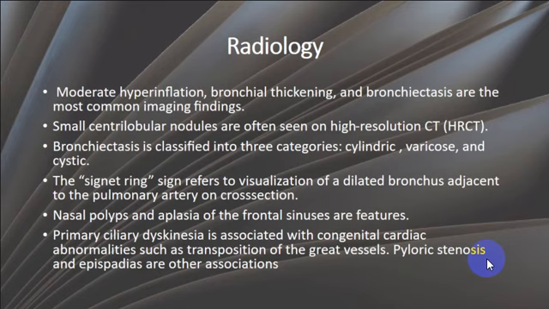What is the relationship between Kartagener syndrome and primary ciliary dyskinesia? Kartagener syndrome is a subtype of primary ciliary dyskinesia, which has situs inversus, sinusitis, and bronchiectasis, and there is lack of bronchial tapering or visualization of the bronchi within 1 centimeter of the pleura seen on the high resolution CT scan.